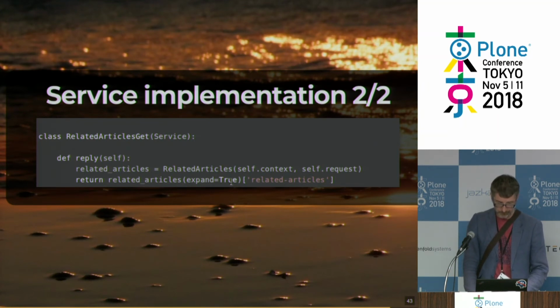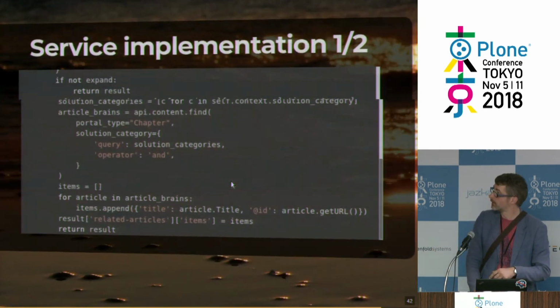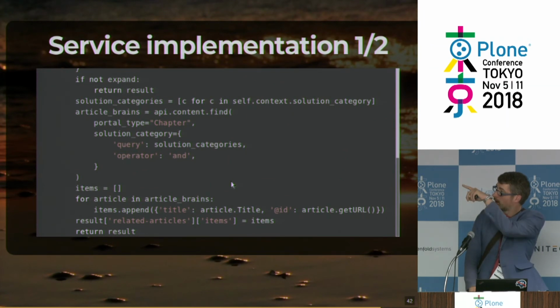Okay, and this is the second part, the actual service, which is basically using the adapter and also setting the expand parameter, which will in the end reach the lower part here of the code where you actually do your stuff.